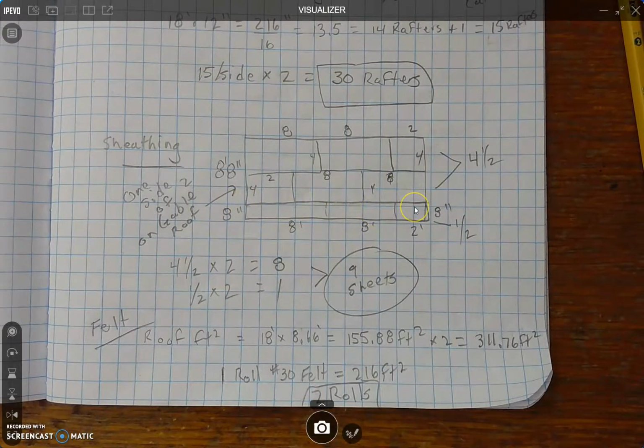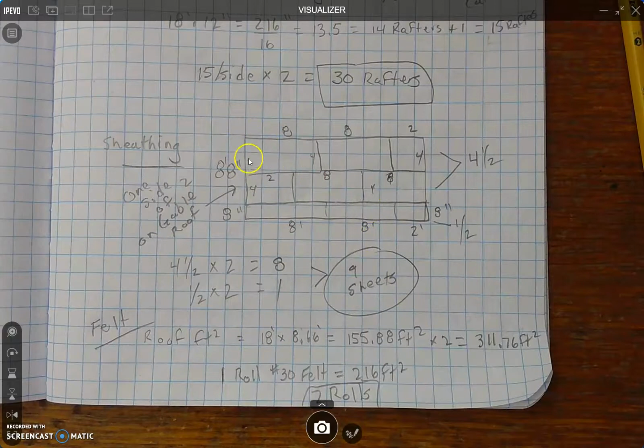And if I add another 8 inches, I'll be at 24 to get this extra 2 feet. So this is less than a half piece of plywood or OSB, but I just count it as a half. So 4.5 times 2, which gives me both sides, and 1/2 times 2, which gives me 1. So I need 9 total sheets of OSB.